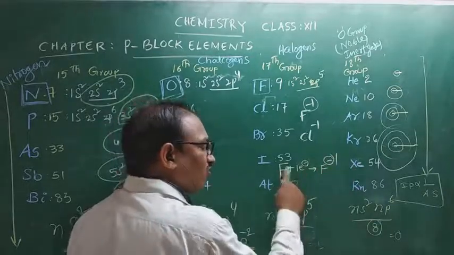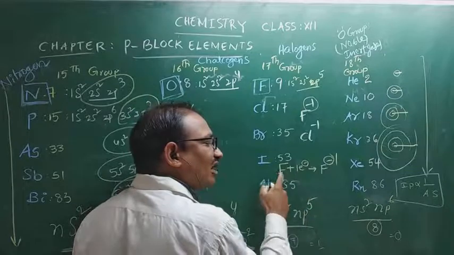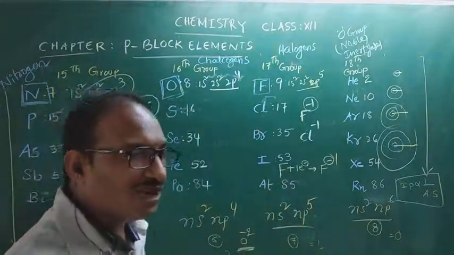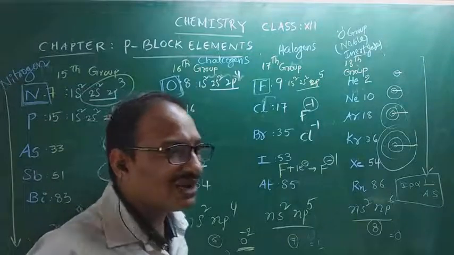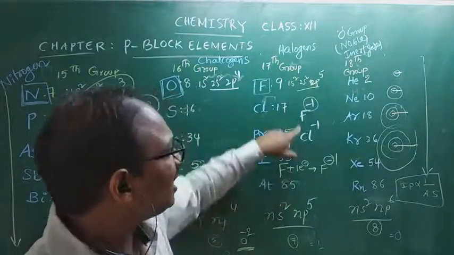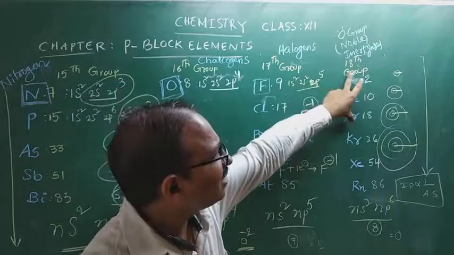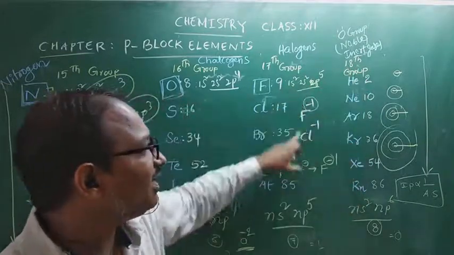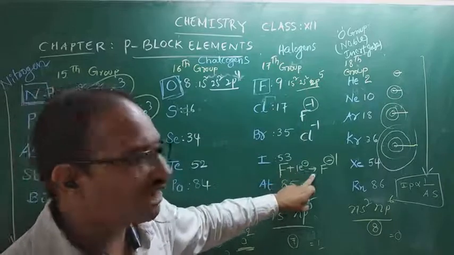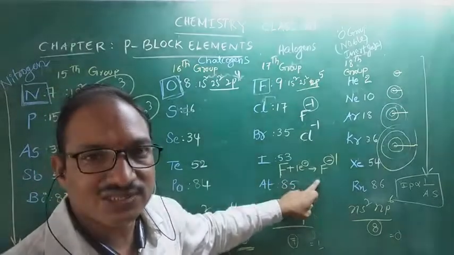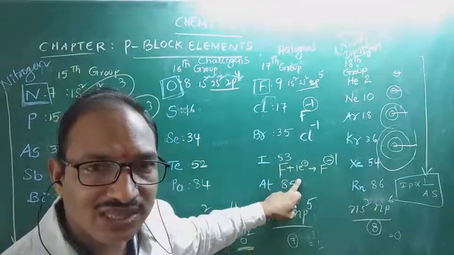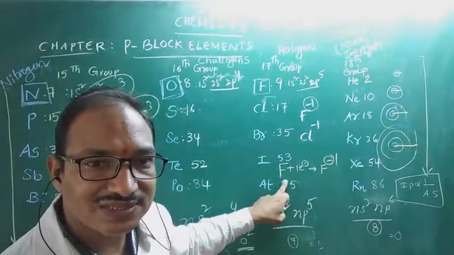So when one electron is added to the neutral isolated gaseous atom, the amount of energy released or required is called electron gain enthalpy. Generally, other than inert gases, in the remaining cases energy will be released. Whenever we add one electron, in most cases energy is released.